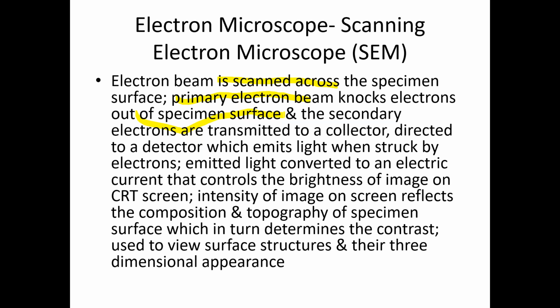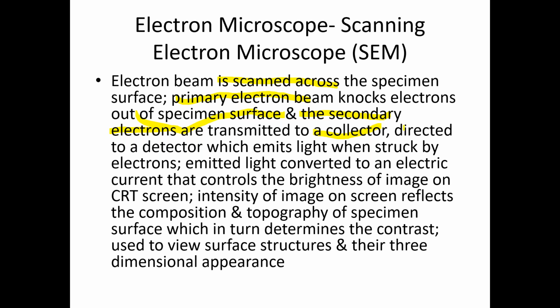The primary electrons go and hit the specimen surface, so that electrons are produced from the specimen surface, which are called secondary electrons. Now the secondary electrons produced from the specimen surface are transmitted to a collector.